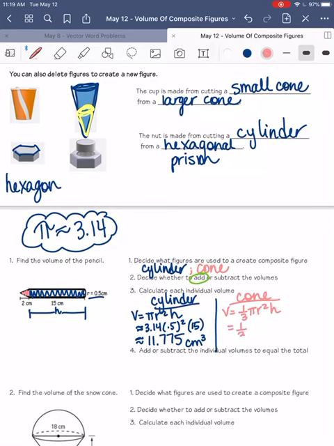All right, for a cone, the volume is 1/3 pi r squared h. So we're going to do 1/3 times 3.14. The radius is still the same radius as the pencil, because you see it's the same width here as it is here. Okay, so 0.5 squared. And now the height of the point, or the cone, is only 2 centimeters. All right, so I'm going to type in all of the numerator first. So I'm going to do 3.14 times 0.5 squared times 2, which is 1.57, and then divide by 3.